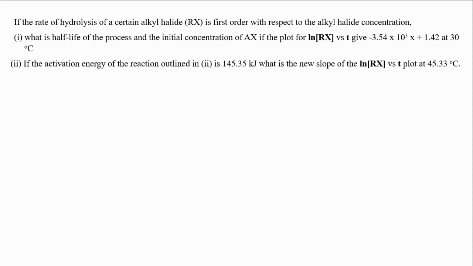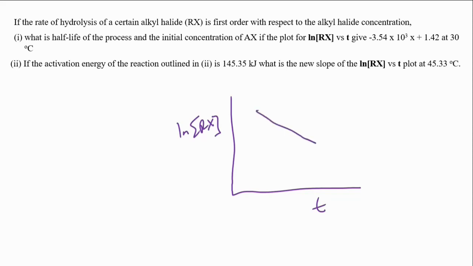In the first run of the experiment, let me just draw it, see if I can do a better job at drawing this. T, and we have ln RX over here. If we do a plot of ln RX versus T, we would get something looking like that, with the slope being equal to minus k, and that is at 30 degrees Celsius.